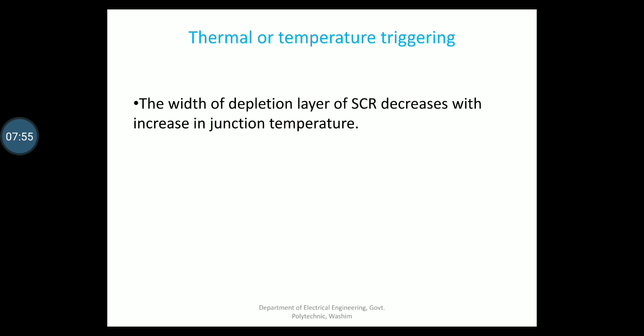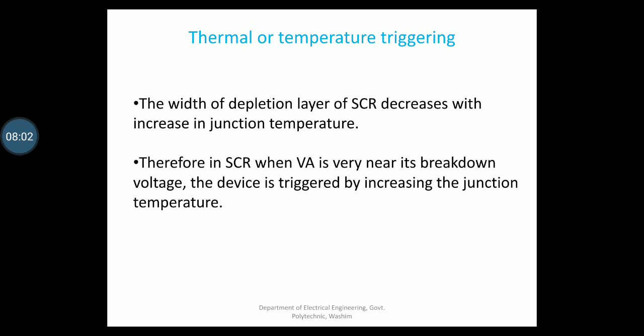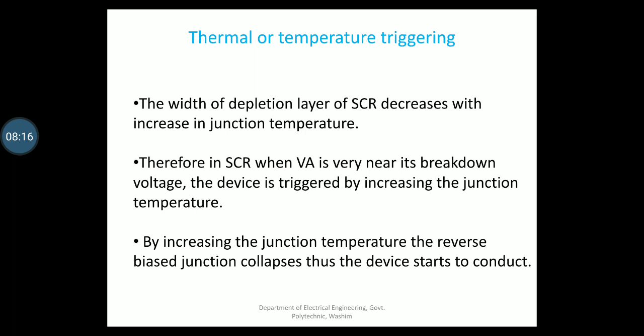So as the temperature increases, the depletion width of the junction J2 goes on decreasing, and as a result, when voltage VA applied across the anode and cathode of the SCR is near to the breakdown voltage, and we increase the junction temperature, the reverse biased junction collapses, and thus the device starts to conduct.